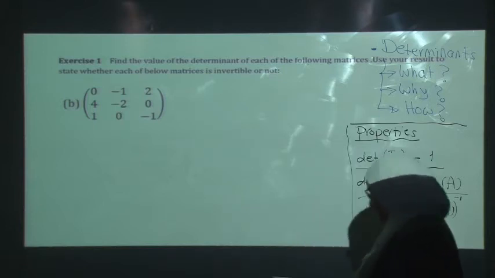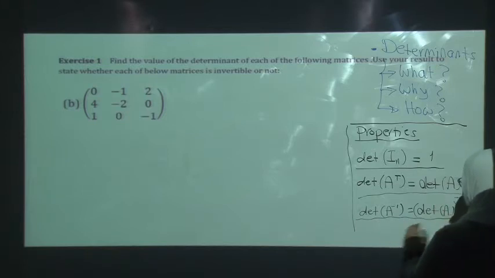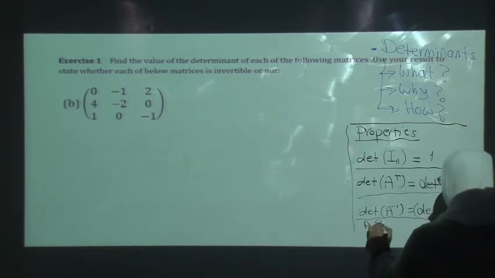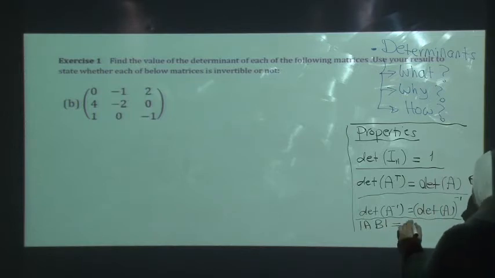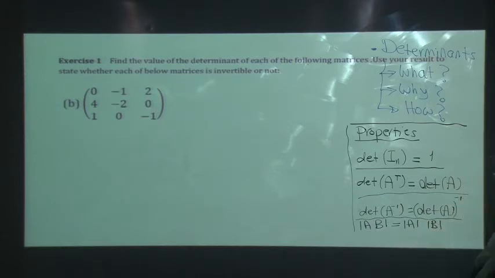and then get its reciprocal. Also, if we have a multiplication of 2 matrices inside the determinant, we can say that the determinant of the product is the product of determinants.